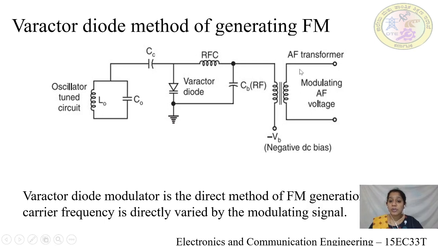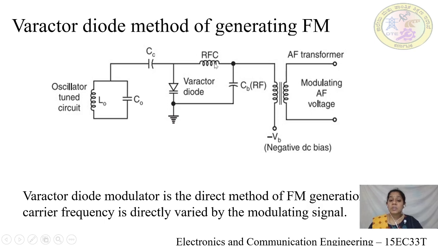Changes in the amplitude of the AF signal, the audio frequency signal, cause changes in the junction capacitance of the varactor diode. This in turn causes changes in the frequency of the oscillator. Hence we are obtaining the frequency modulated signal. And we have an RF choke, RFC.